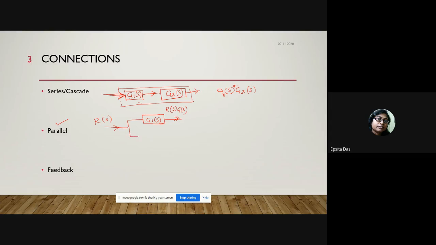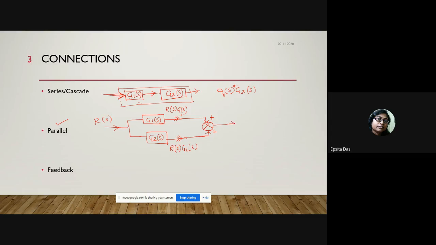Now R(S) is branched and it is coming to this G2 system also. So the signal coming here is R(S) into G2(S). Understood? Now, these two signals come to a summer block. This is a positive value and this is also a positive value.